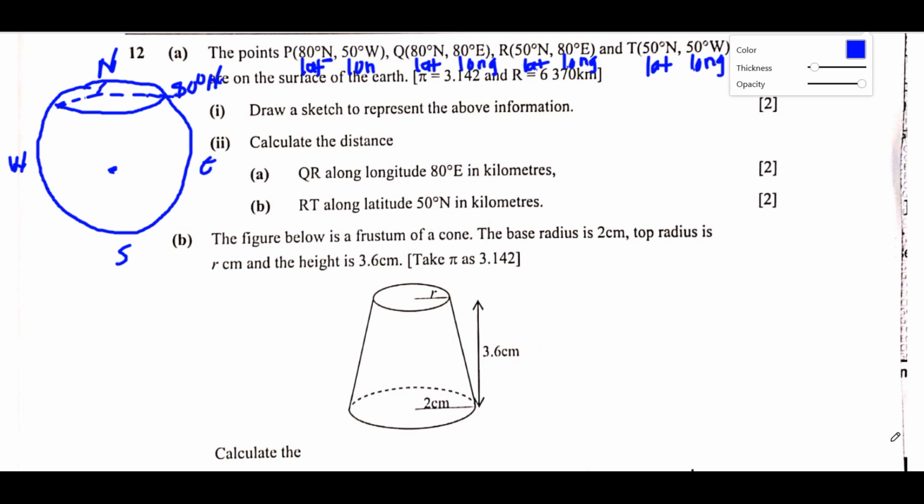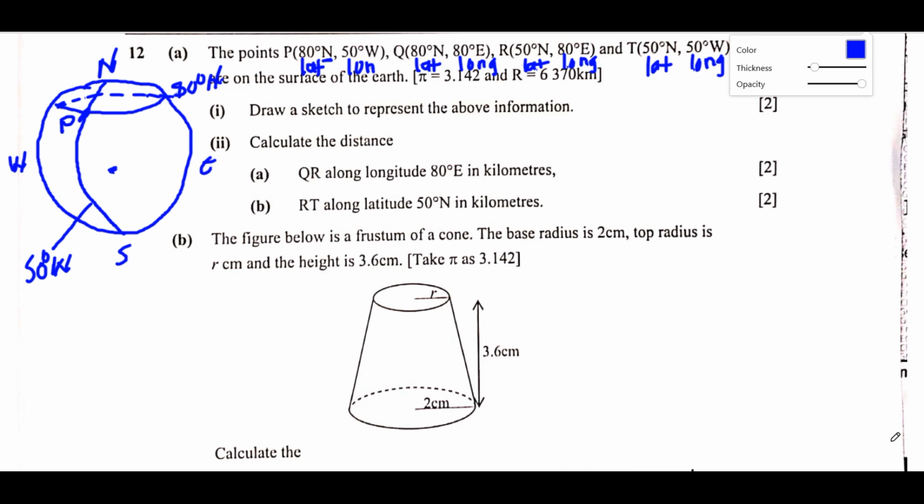Since it's west, I'm going to put it here. The point where the 80 degrees north intersects with the 50 degrees west is where our point P must be put. So this is our P. We are done with the first point.